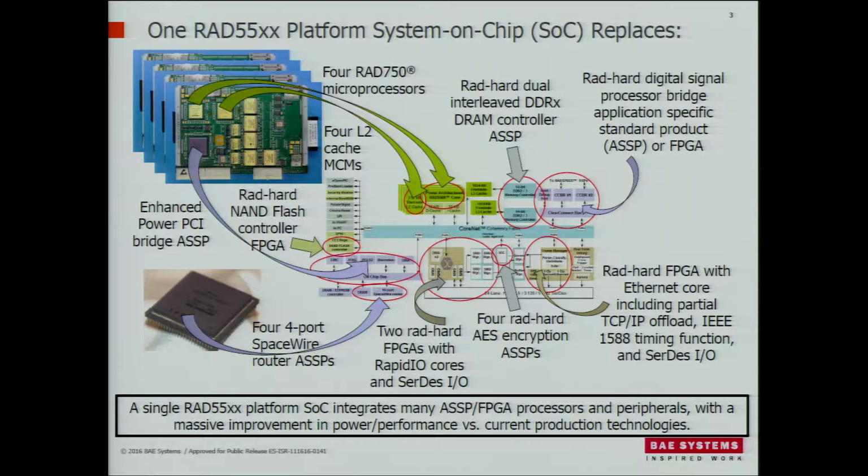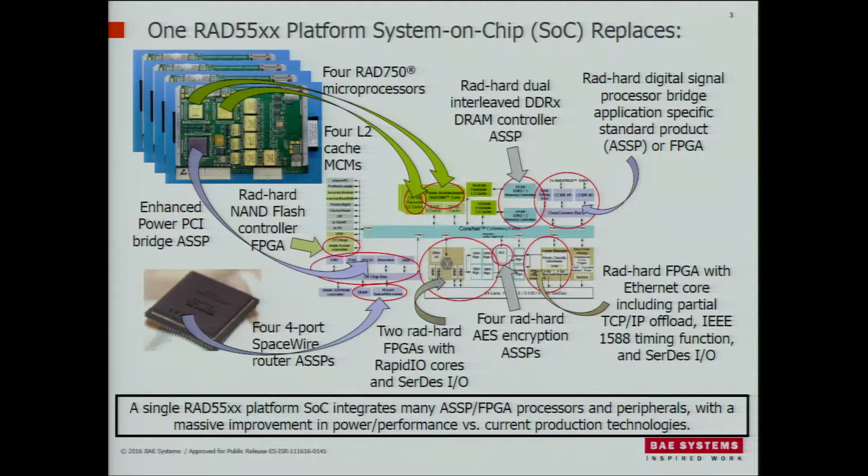So in the RAD55xx, all 4 processor cores have both level 1 and level 2 caches in them. The other arrow coming off that board is from the bridge chip, which again in current technology is a separate device. Much of the function in our current RAD750 bridge chip is brought into the RAD55xx.